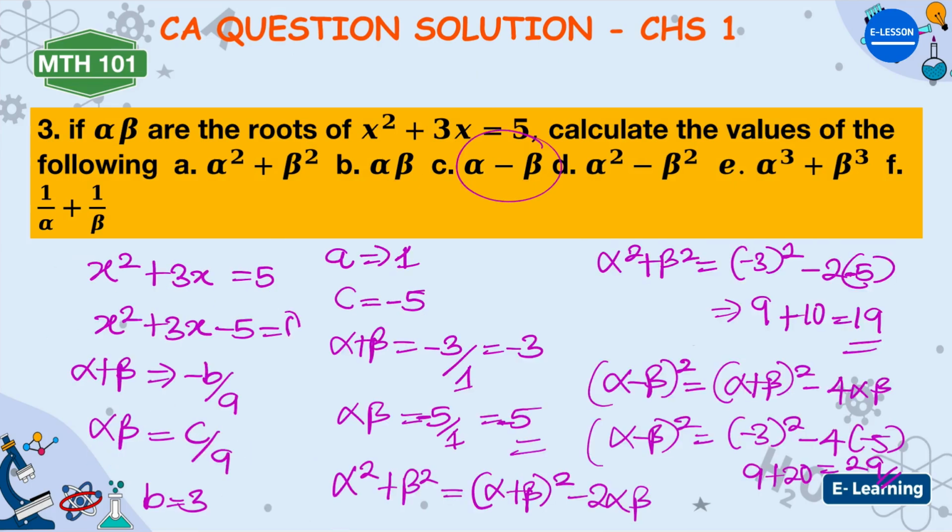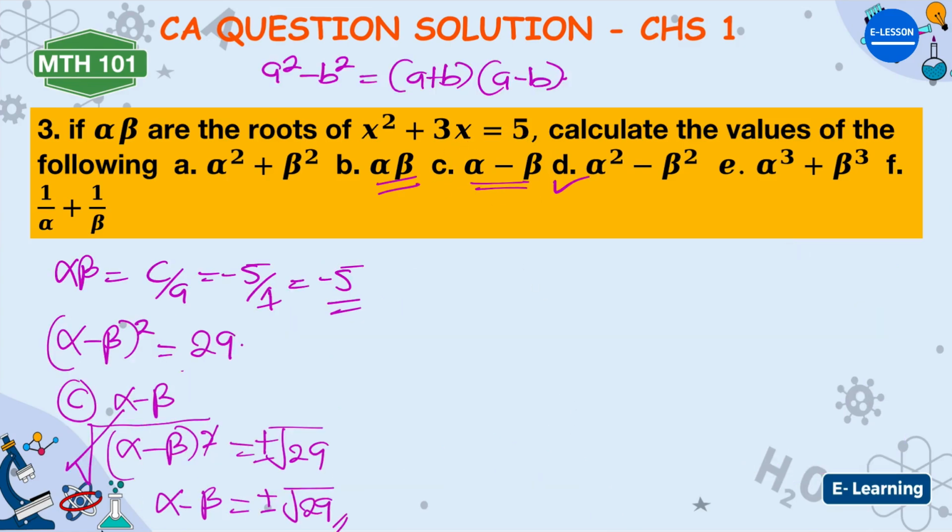Because there is no way you can get alpha minus beta directly, I used alpha minus beta square first, then square rooted it to remove the square and get alpha minus beta. Is that okay? That was the question we solved.